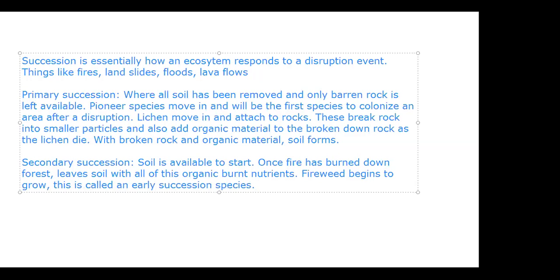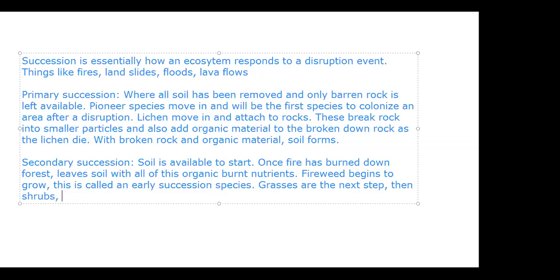Once the fireweed starts to die down, you will get different grasses as the next step, okay? After you get grasses, then you're going to start moving into shrubs. Grasses, then shrubs. Okay, once we have our shrubs, then we're going to start growing our next sort of thing, and there's really only two things that are left.